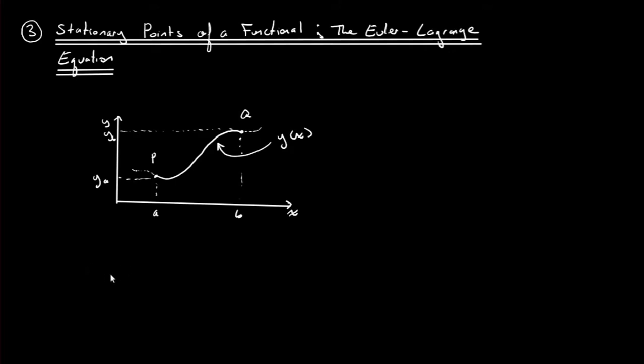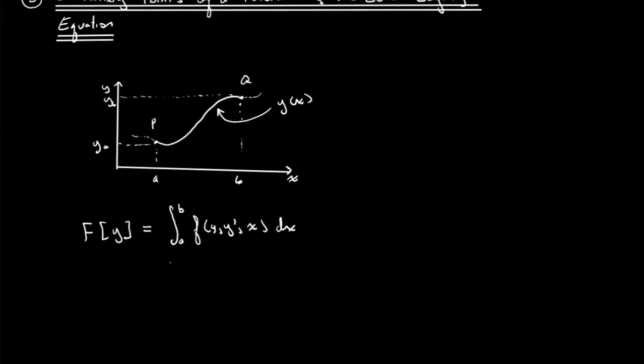But what we're trying to do is find stationary points of a functional F of y, and that's got to be equal to the integral from a to b of some function of y, y prime, and it might have some explicit dependence on x, and integrate with respect to x. So that's the definite integral. And what this does is it takes a function y and it maps it onto a scalar F of y.